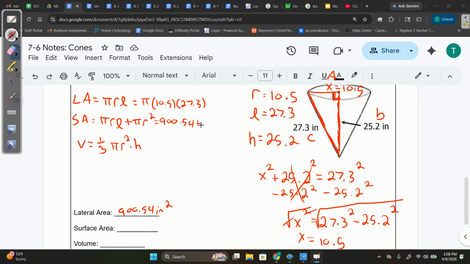Then I have to add pi times radius squared, and I get 1,246.90 inches squared. Last but not least, 1/3 pi times radius squared times the height of 25.2. That gets me 2,909.42 inches cubed.